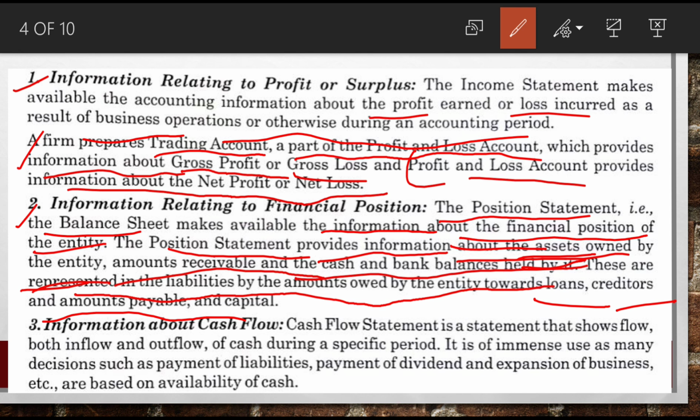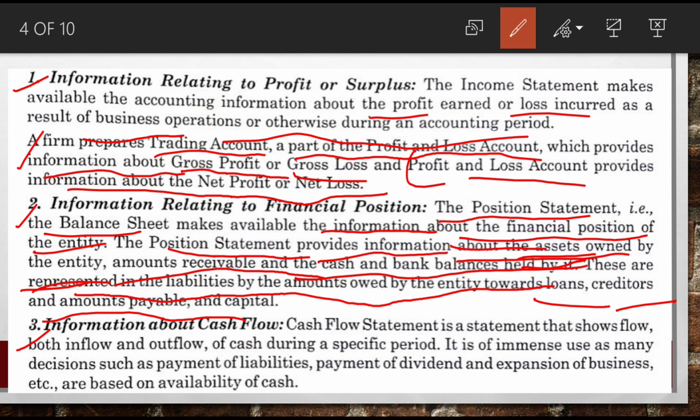Next, the third information is about cash flow. What is cash flow? We prepare a separate statement for finding the flow of cash. Flow of cash means only cash, the inflow and outflow of cash in that business, what comes in and what goes out.